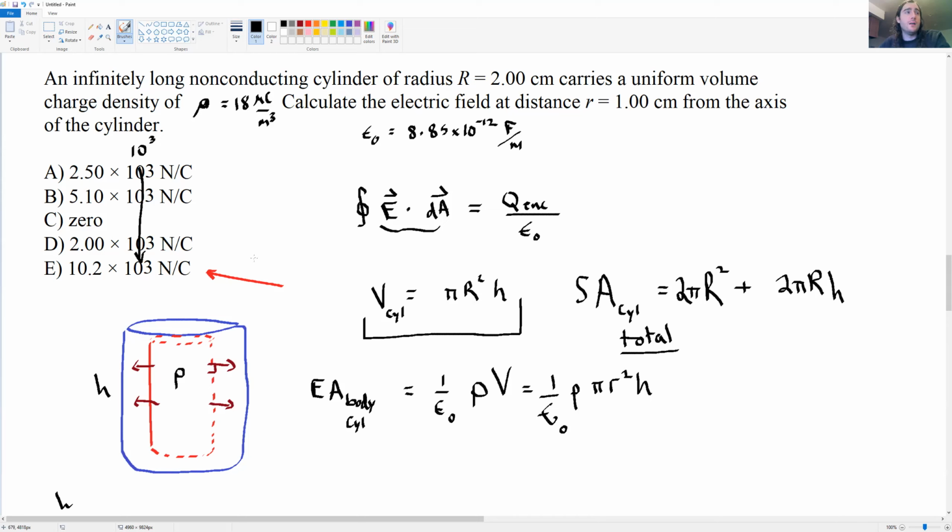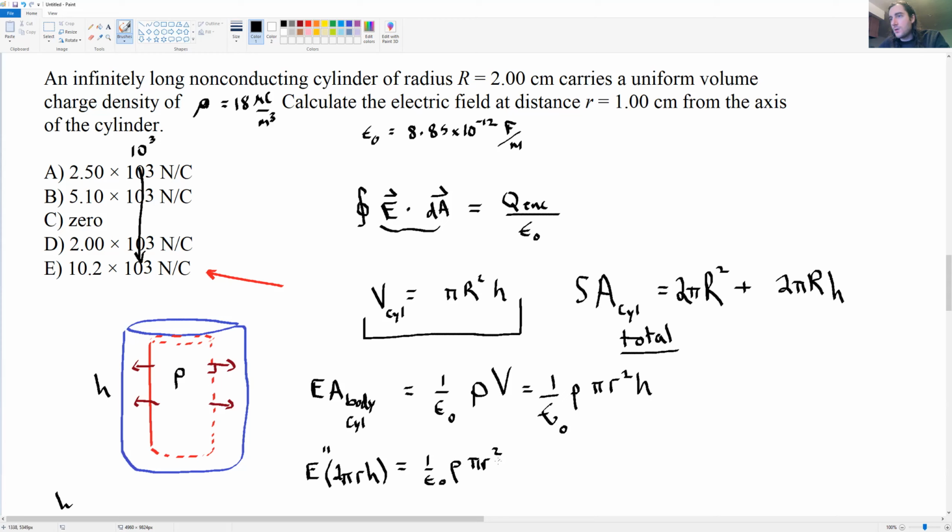Of course, it's infinitely long, so we're going to want to cancel h on both sides in the end. Area of the body of the cylinder is h times the circumference of the cap. So it's 2 pi little r times h. So we equate these two.